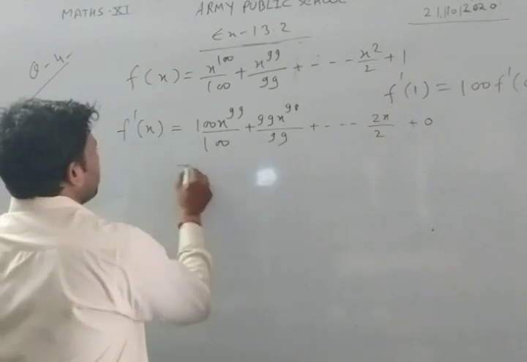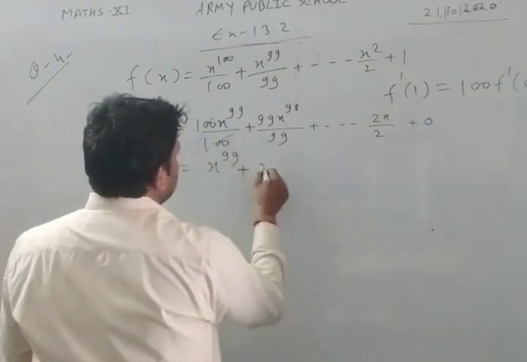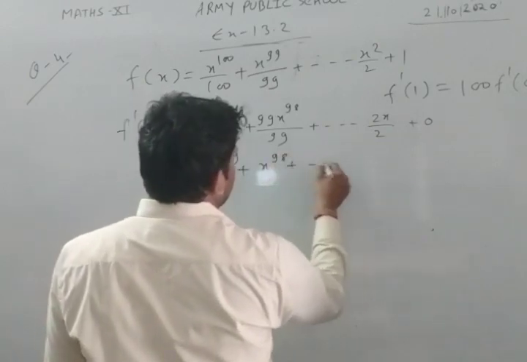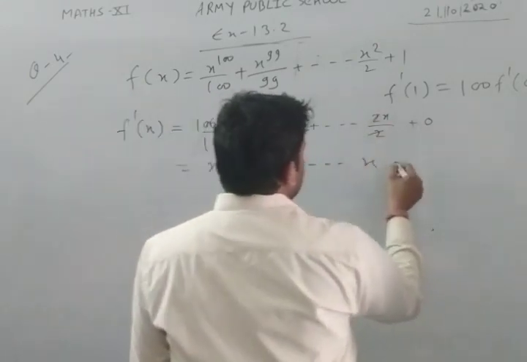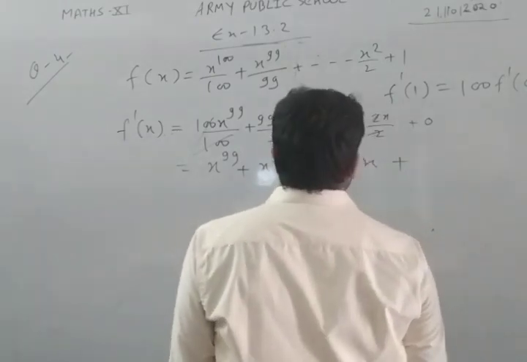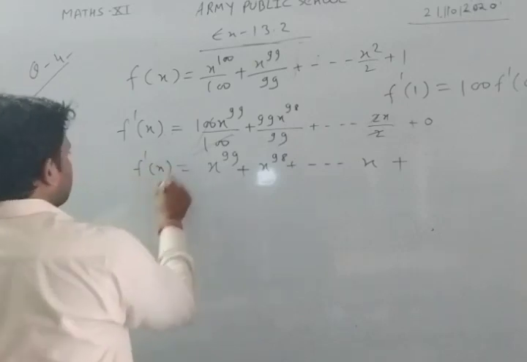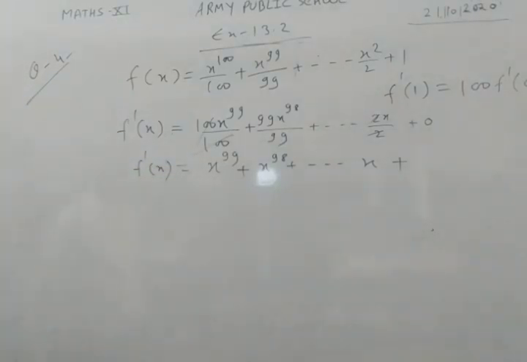Now we get x to the power 99 plus x to the power 98 plus dot dot dot plus x plus 1. This is f dash x.